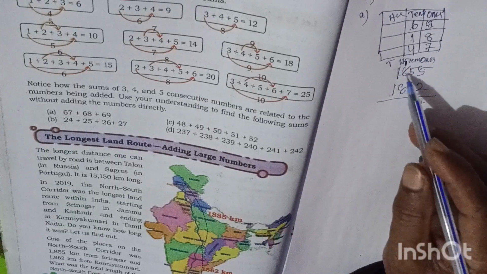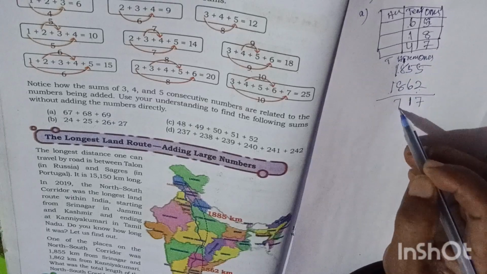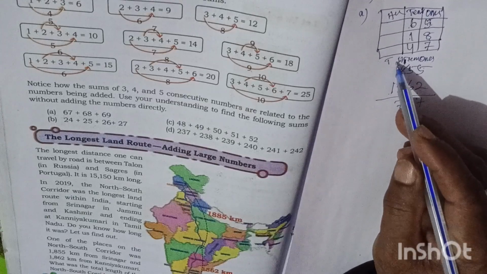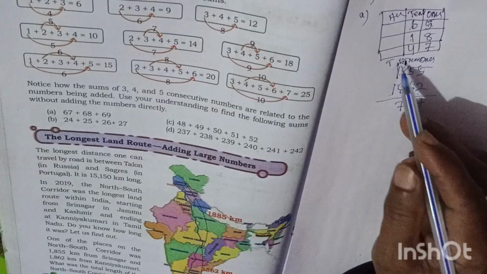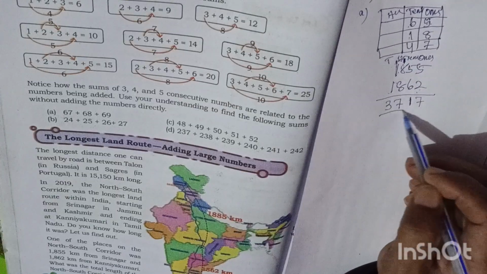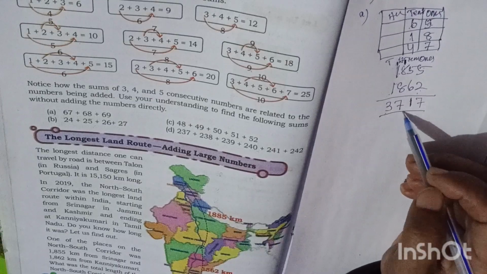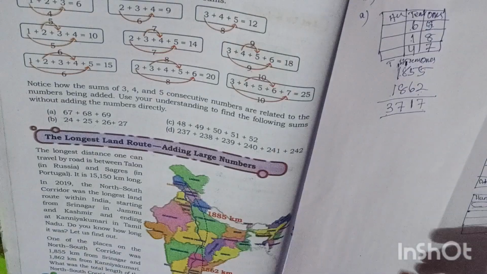Then add 8 plus 8 is equal to 16. 16 plus 1 is equal to 17. Then carry 1 to the 1000 place. 1 plus 1 plus 1, that is 3. So the total distance between north and south corridor in India is 3717. That is the answer.